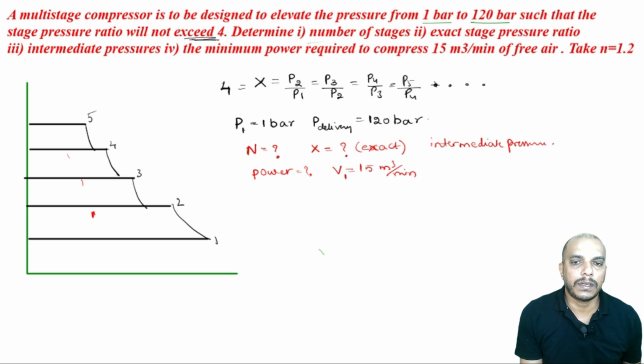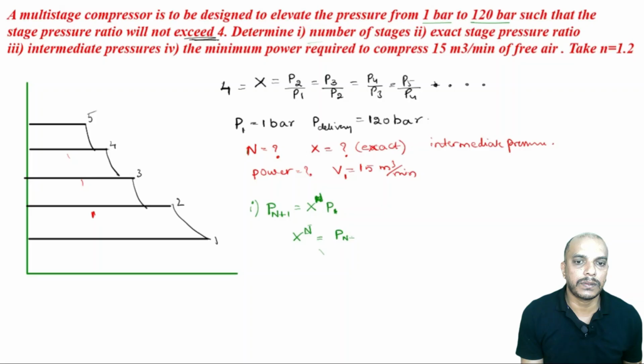Determine number of stages. Quickly recall this is what we have discussed. Number of stages: we have a relationship P n plus 1 is equal to x power n into P1. So, this we had derived earlier. Now we will have to simplify it for number of stages, that is capital N, what we want to find out.